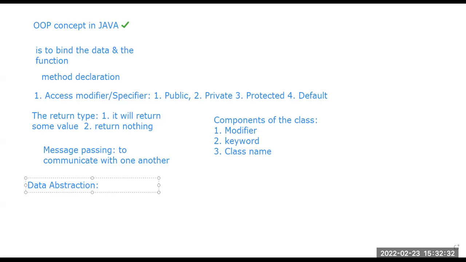Only whatever the user needs to know is present. A very simple example: you are going to buy a car. You check the looks of the car from the outside, you check the seats, whatever is visible to you.